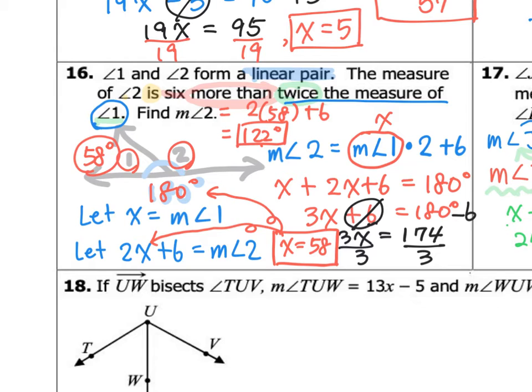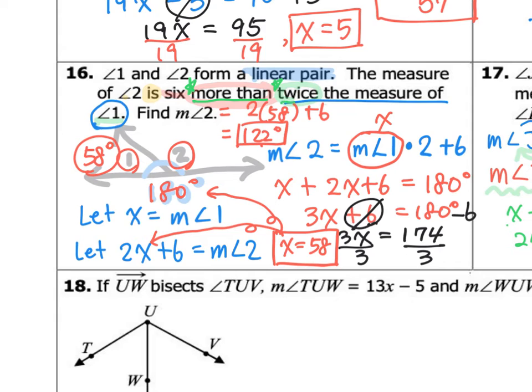So the key for a question like number 16 is you need to translate the word meaning into the equation. So remember, if it's "more than," what does that mean? If it's "more than," that means addition.